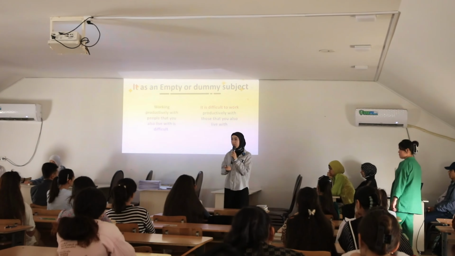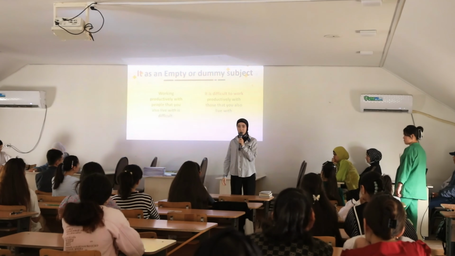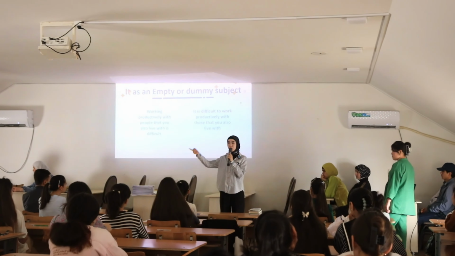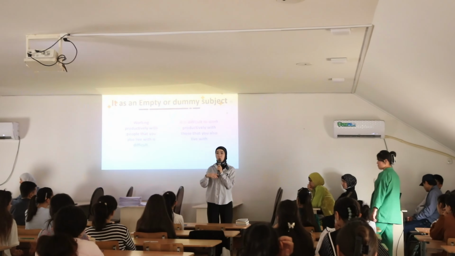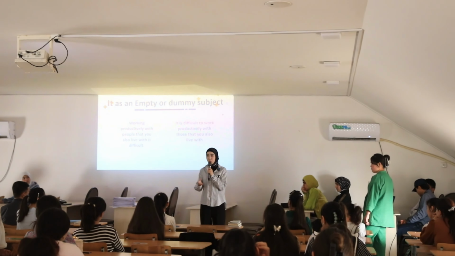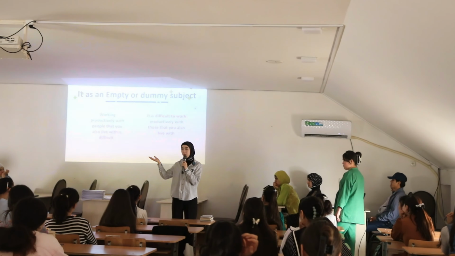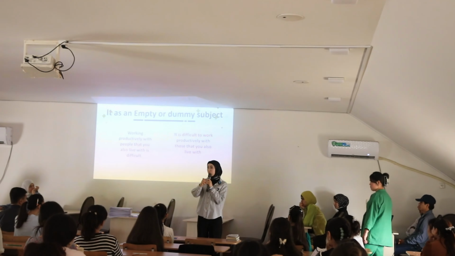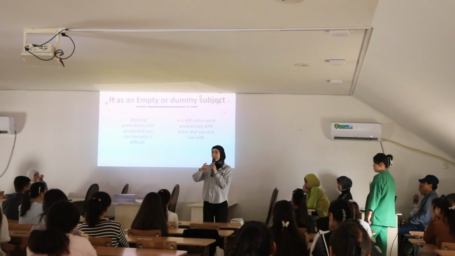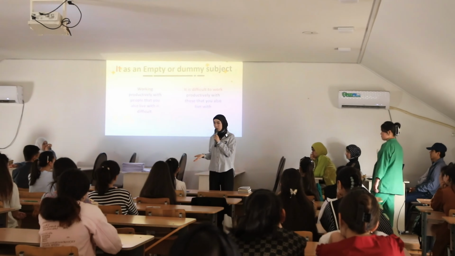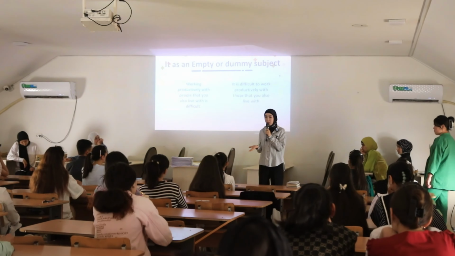When we say "it's raining outside", we just translate it into Uzbek like "yomg'ir yog'yapti", raining, "yomg'ir yog'moq", right? But we don't necessarily translate "it" into Uzbek. It doesn't mean anything in Uzbek.